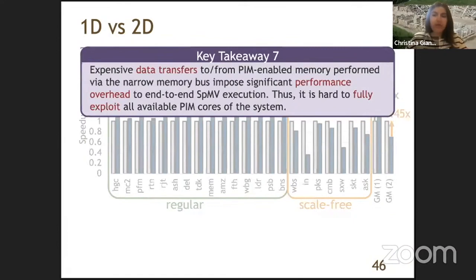So we conclude that the expensive data transfers to and from PIM-enabled memory modules performed via the narrow memory path impose significant performance overhead to the end-to-end SpMV execution. And as a result, it is very hard to fully exploit all the available PIM cores of the system.